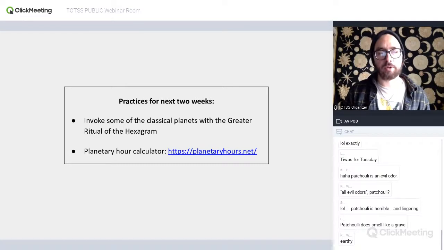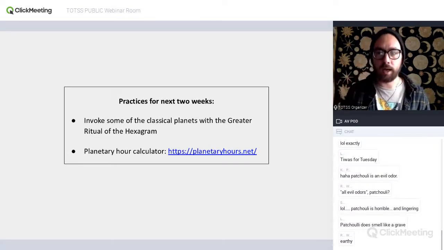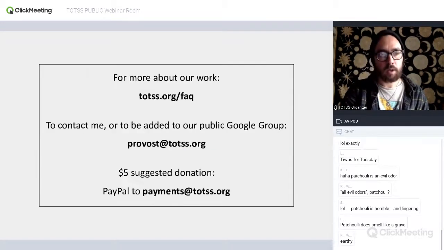That's the one I use. Just make sure you enter your location, because this varies not just with time of the year, but also with latitude. So enter your location and the date, and it will show you exactly when the planetary hours begin and end for that day. So give that a try, and maybe try out a couple of these in the next couple weeks.